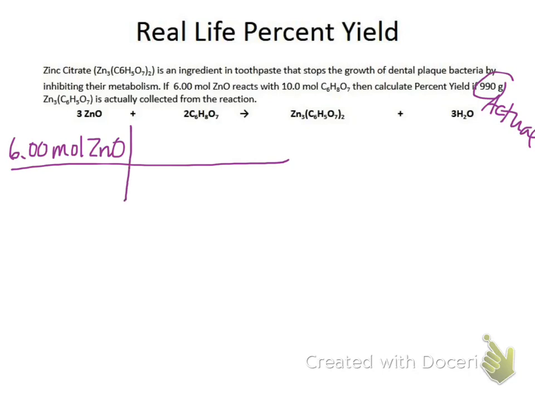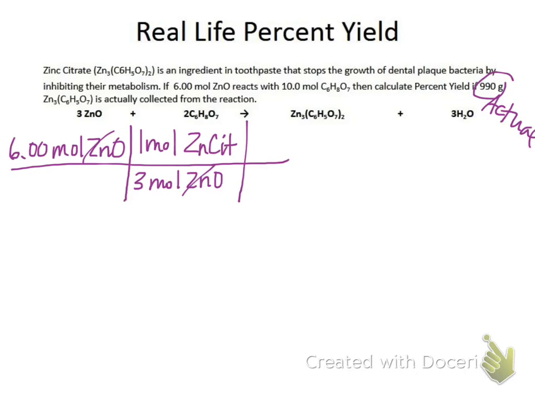Okay? So we look at my balanced equation, and for every 3 moles of zinc oxide, I make 1 mole, and I'm going to abbreviate zinc citrate because I don't want to write all that out. Okay, I cancel. I have now gotten myself into moles of zinc citrate, but it wants mass.